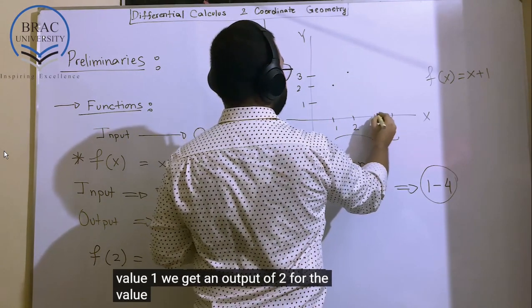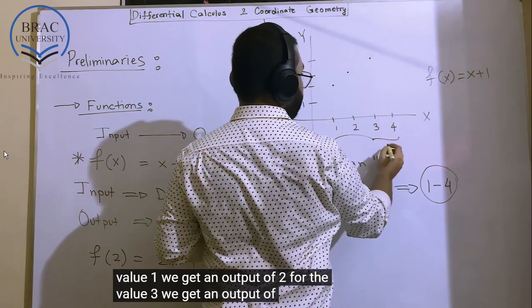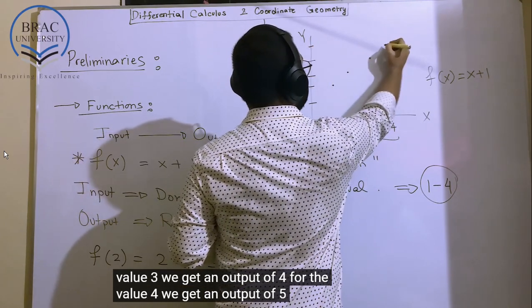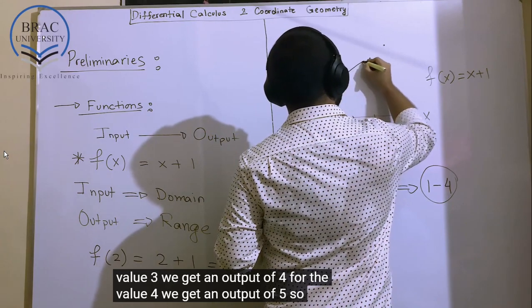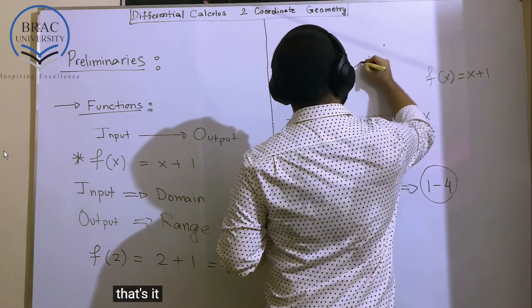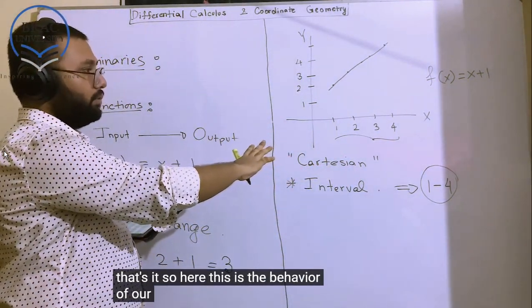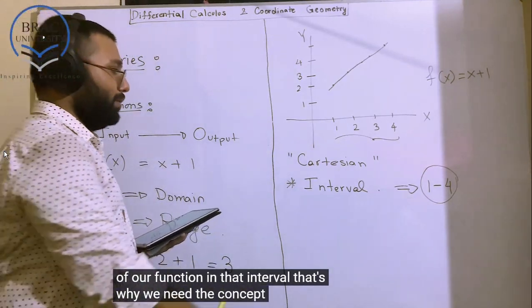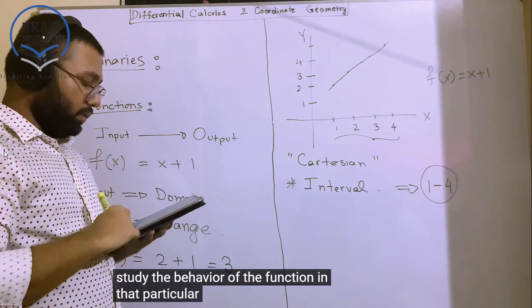For the value 3, we get an output of 4. For the value 4, we get an output of 5. So here, this is the behavior of our function in that interval. That's why we need the concept of interval, to study the behavior of the function in that particular area.